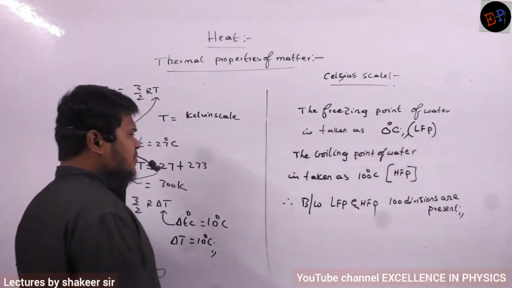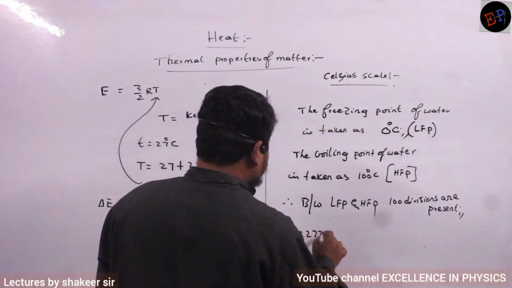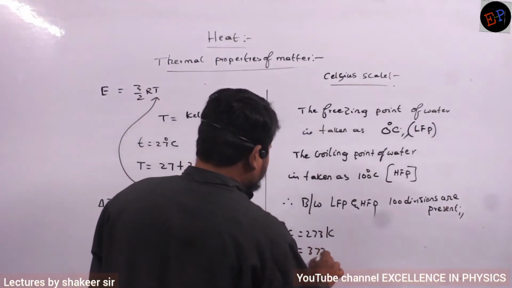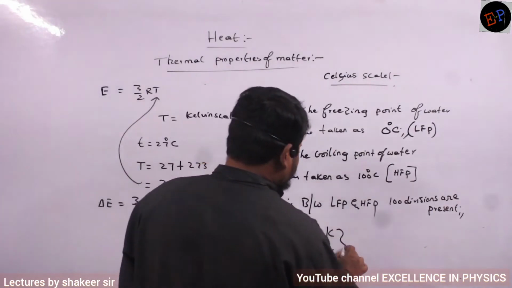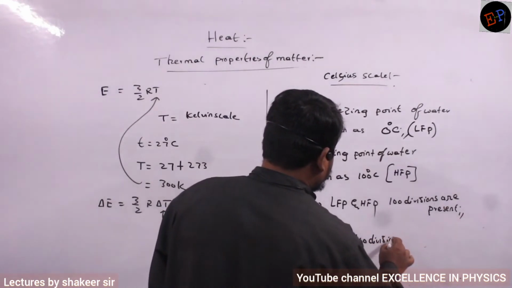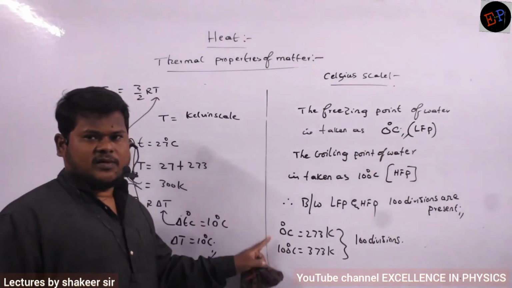Similarly, if you write the same temperatures in Kelvin scale, 0 degrees Celsius I can write as 273 Kelvin, no? And 100 degrees Celsius you can write as 373 Kelvin. So here also, how many divisions we have? Here also we have 100 divisions. Clear, no? In Kelvin scale also 100 divisions only, between 0 and 100.